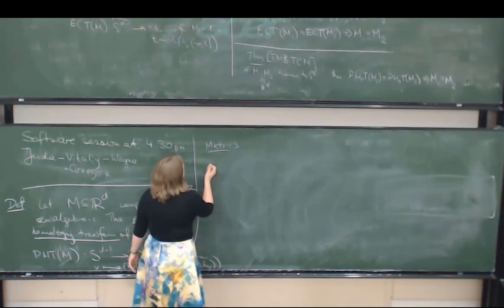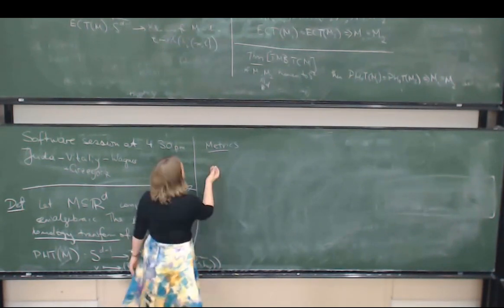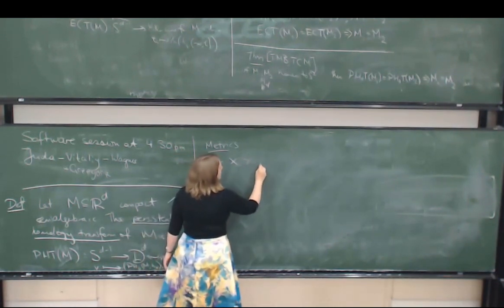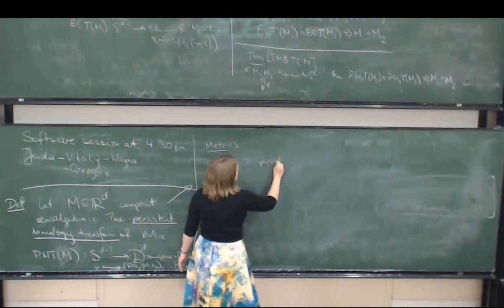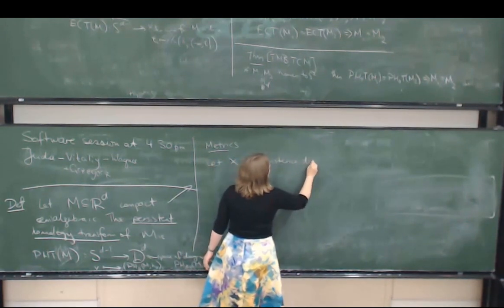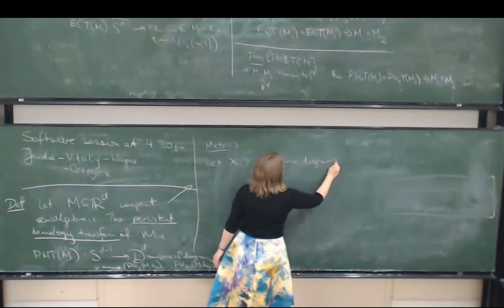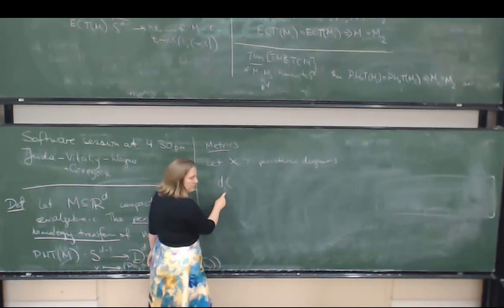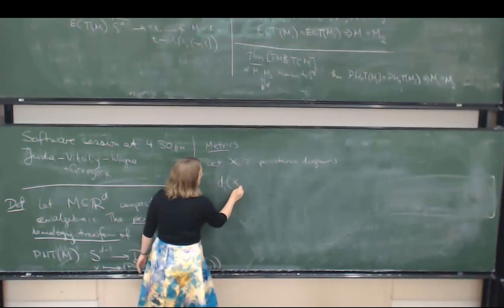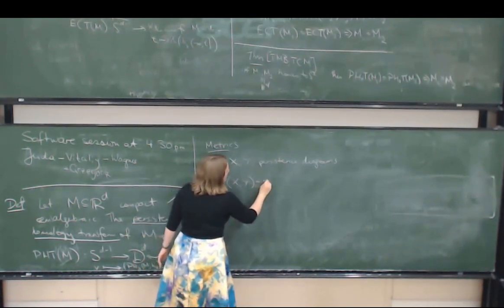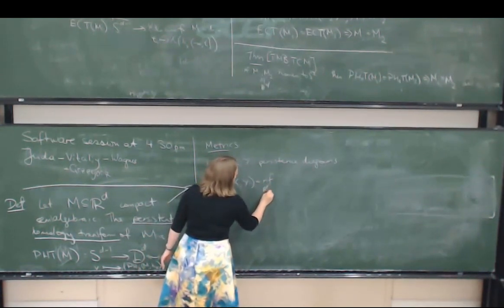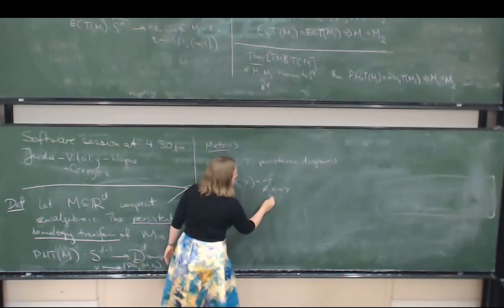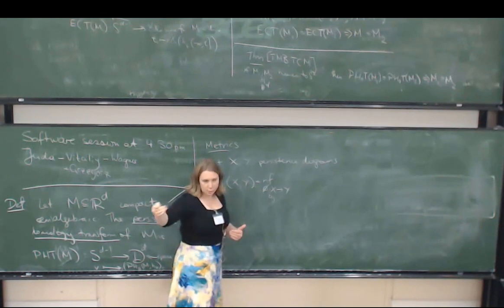So let's remind ourselves how this goes. If I have X, Y persistence diagrams, I can then make the 1-Wasserstein distance between them as the shortest cost of moving every point to every other point.